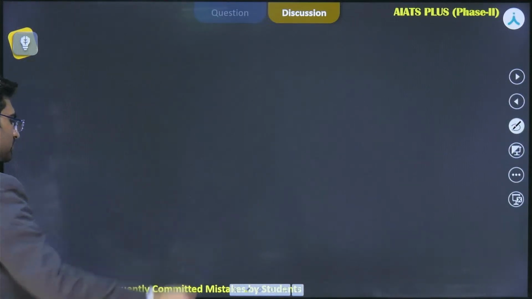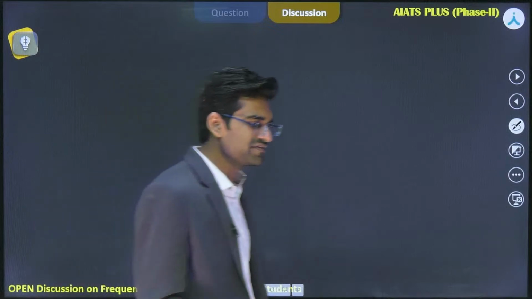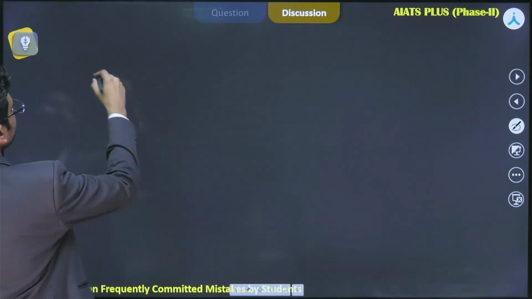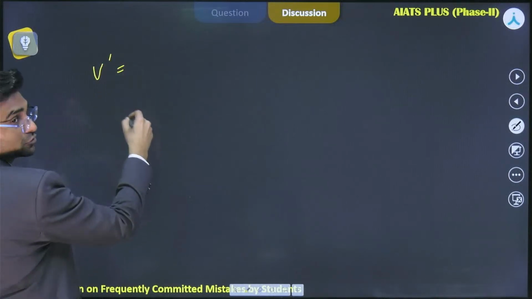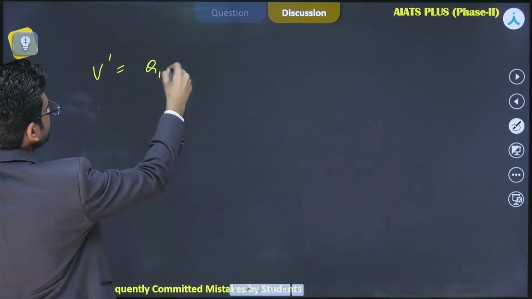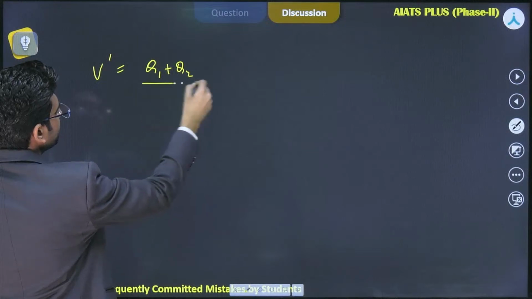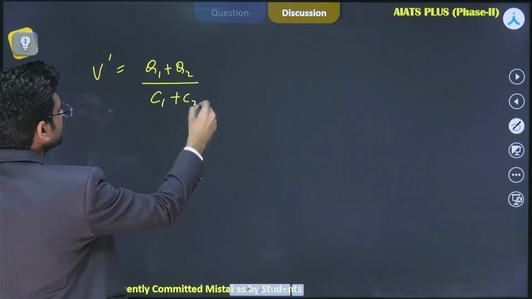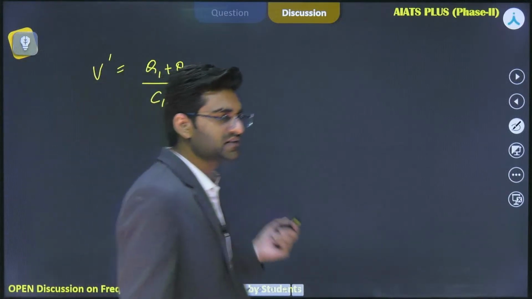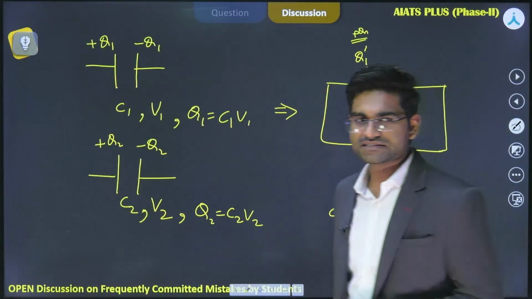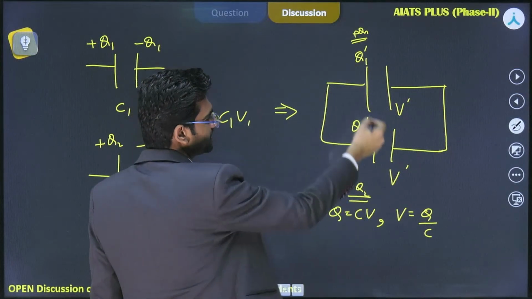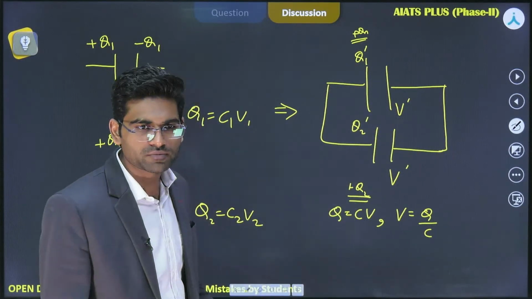After solving that, we get the direct formula. So you don't have to always derive the formula. I am writing that formula directly. That will become V prime is equal to total charge, that is Q1 plus Q2, divided by total capacitance, that is C1 plus C2. Let's see why I am writing this formula. If you can see in the figure, there are two capacitors and these two capacitors are connected to each other in a parallel combination, right?